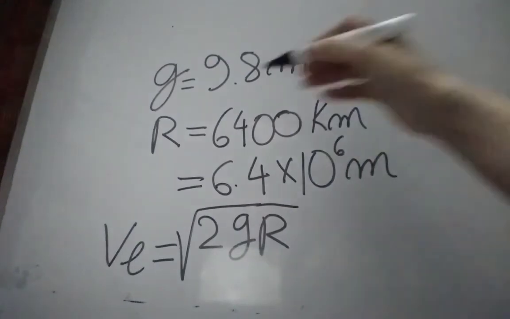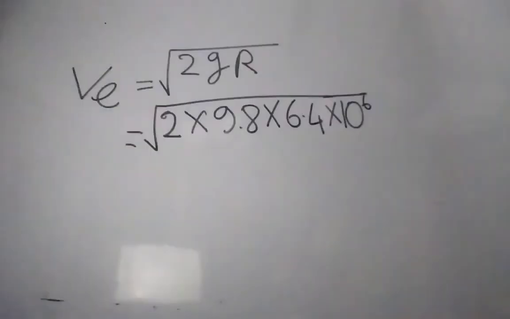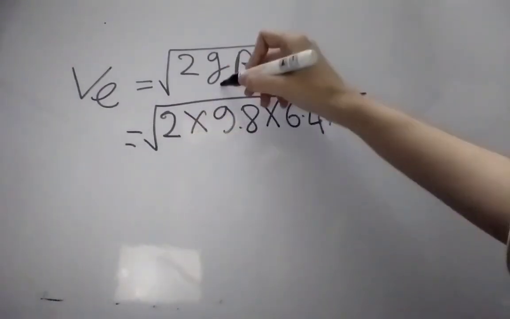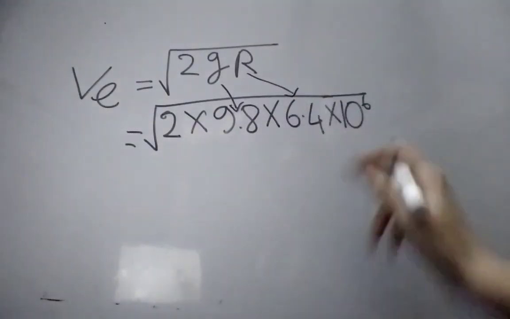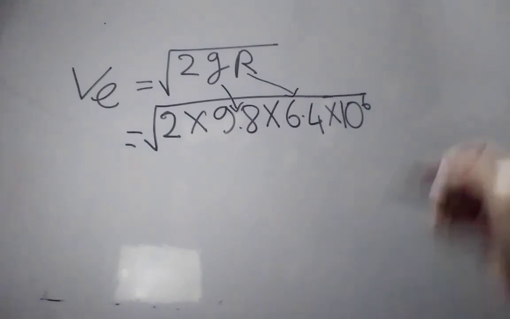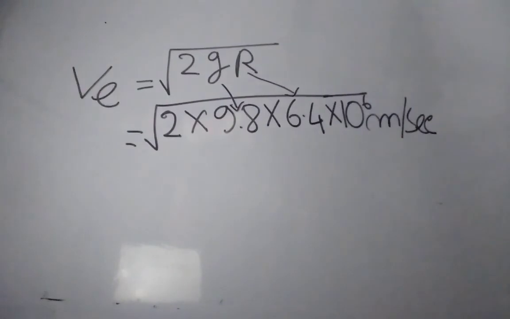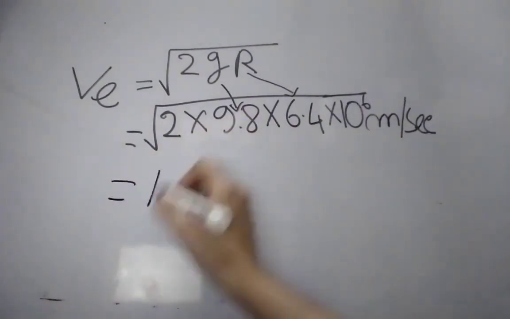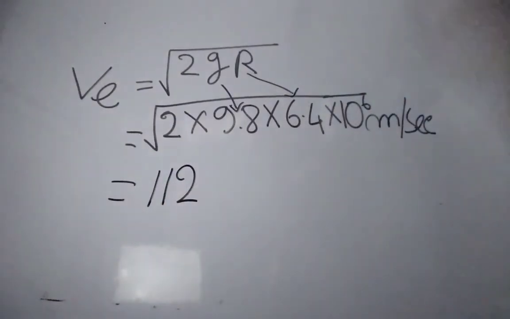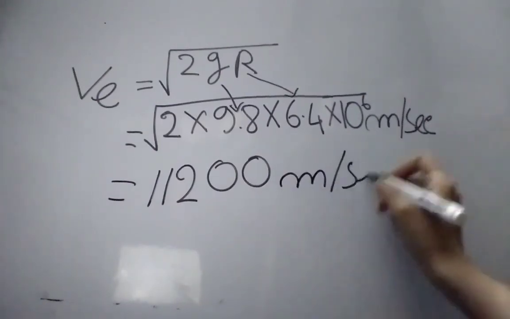So we have to put these values here, and then we get VE equals root over 2 into 9.8 into 6.4 into 10 to the power 6 meter per second, and it will be 11200 meter per second.